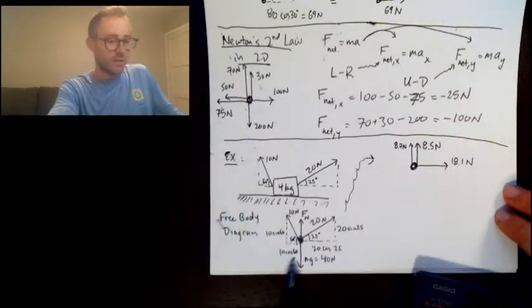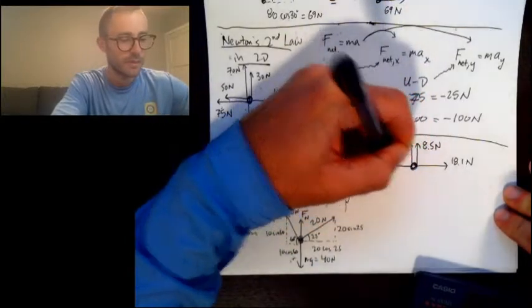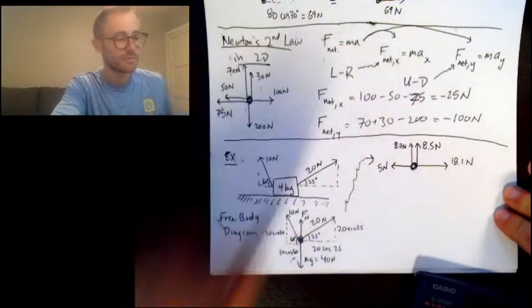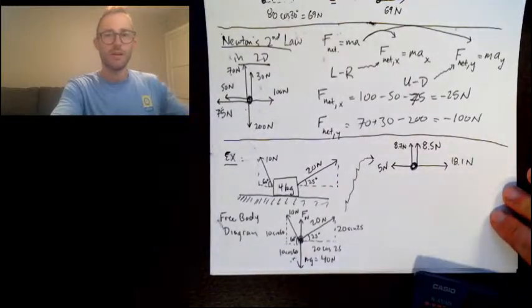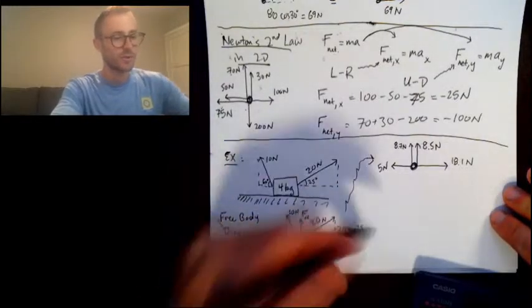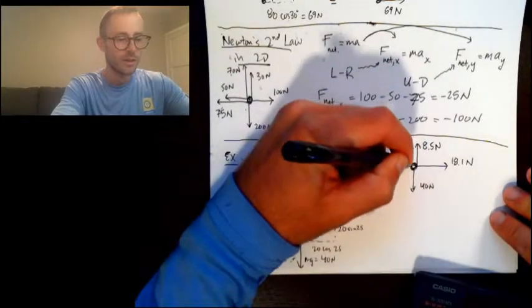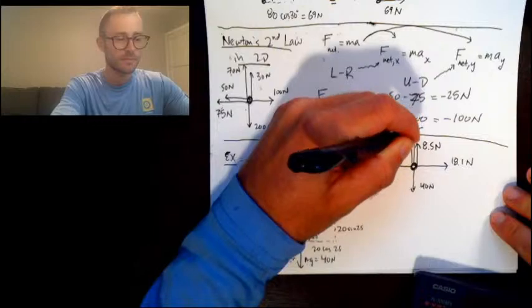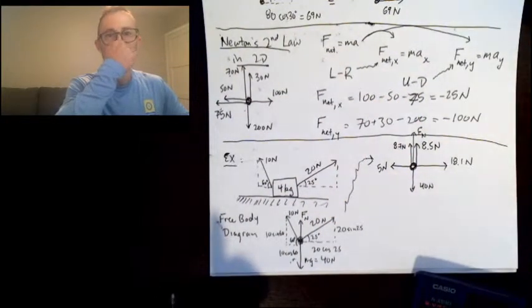So this 10 cosine of 60 is actually going to be to the left with size 5 newtons. Okay. And then I also have the additional forces. So I have the weight force of 40 newtons, and I have the normal force. Okay?